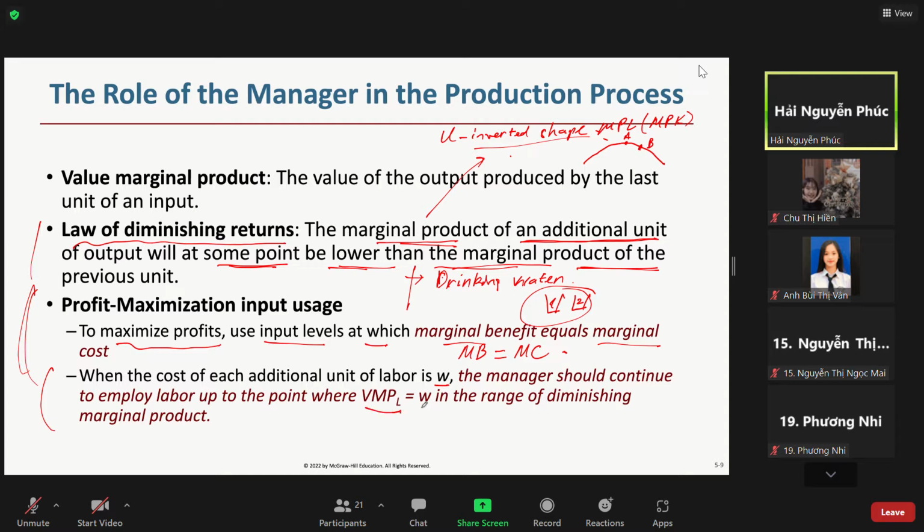So the rule is VMPL equals W when we talk about the labor input. And if we talk about the use of capital input, then previously we pointed out that VMPK should be equal to the rent R.